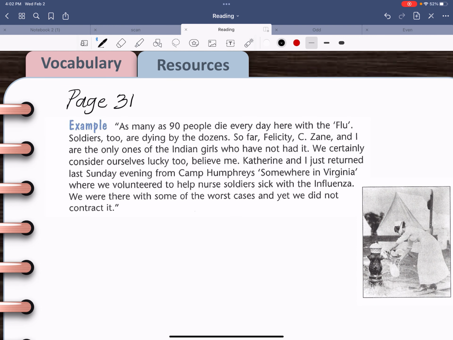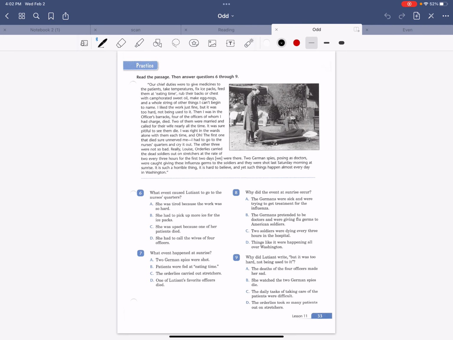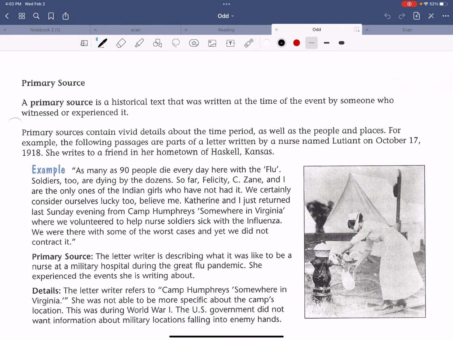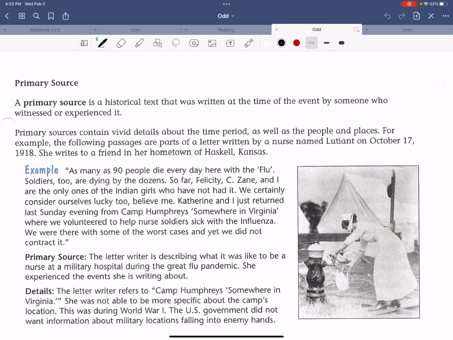And actually, before I read this passage to you, let me pull up the description of a primary source. Let's just go ahead and read at the top of that page. A primary source is a historical text that was written at the time of the event by someone who witnessed or experienced it.